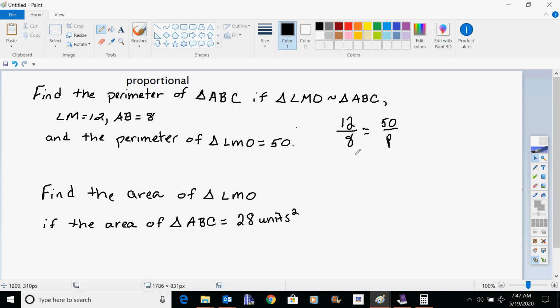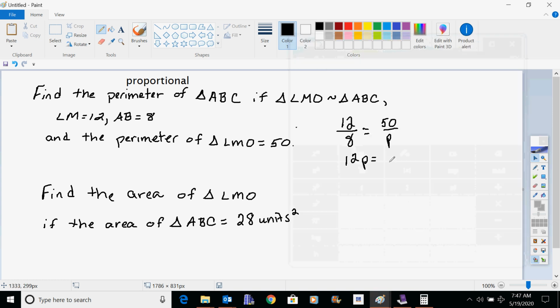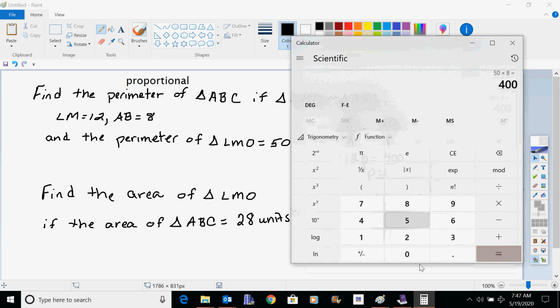So you can either reduce and then cross multiply, or you can just cross multiply here real quick. We get 12p equals 50 times 8, 400, and then divide by 12.